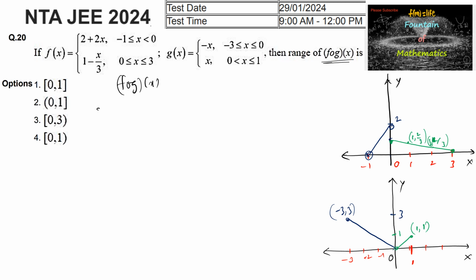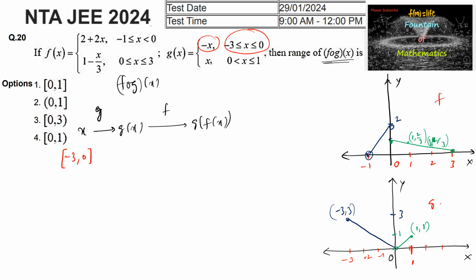we can define. First the function g will be taken from x to g of x, and then again the second function is f, so we can get the composite function f of g of x. So when x lies between minus 3 to 0, you are getting negative of x, and you can see the graph from minus 3 to 0, the range is from 0 to 3.